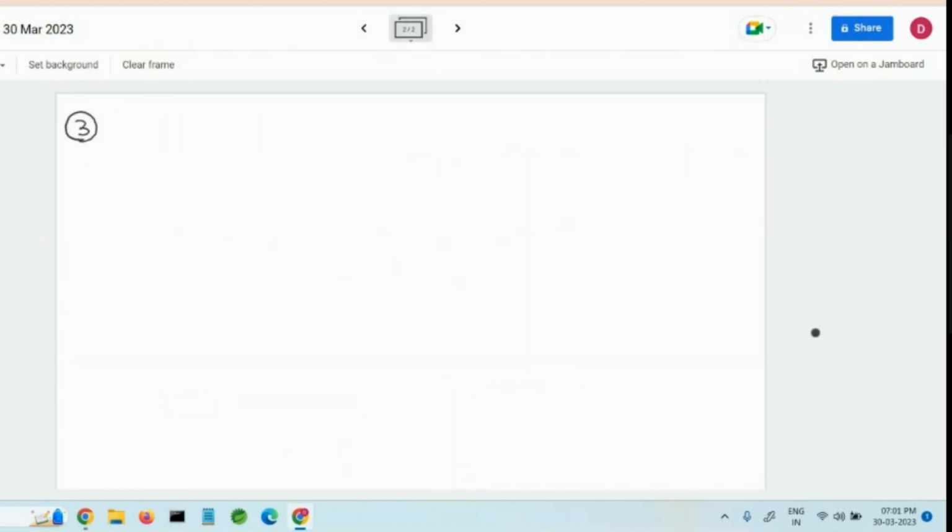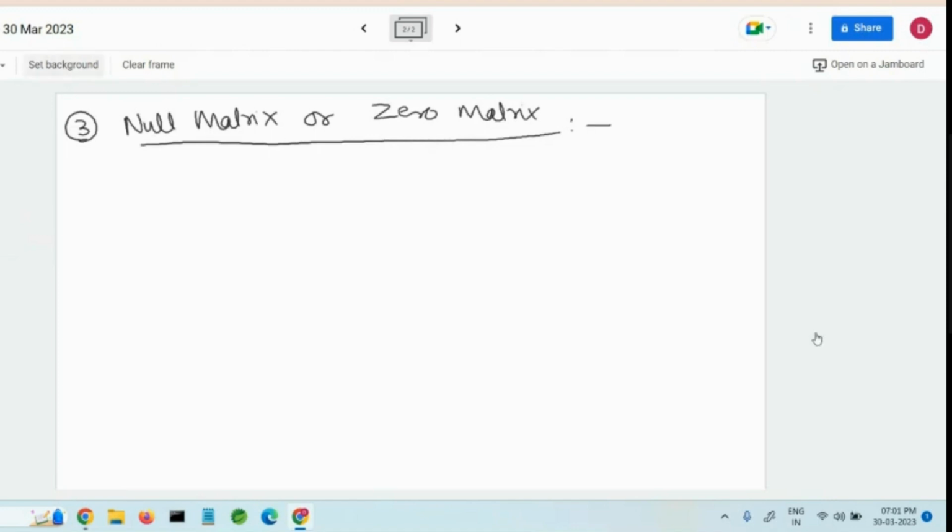The third one is the null matrix, or zero matrix. A null matrix is any matrix in which all the elements are zero.